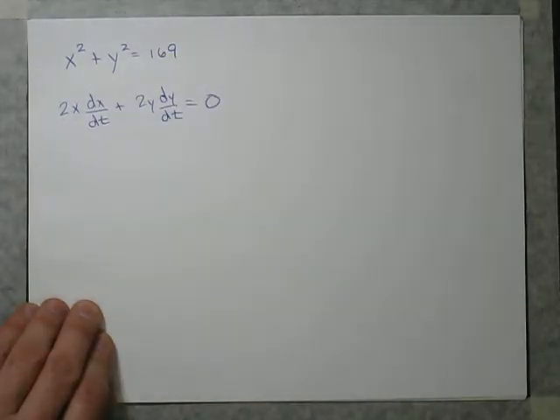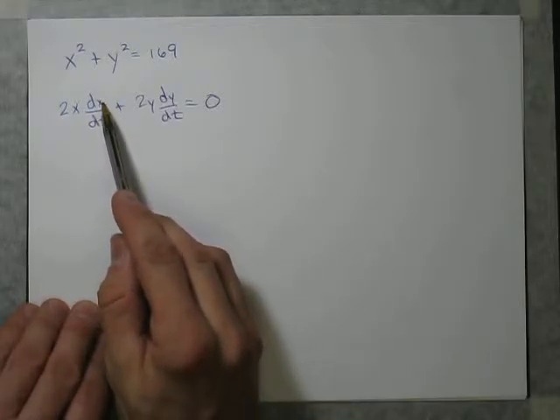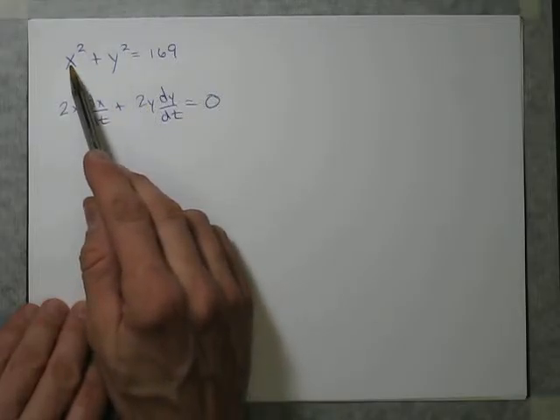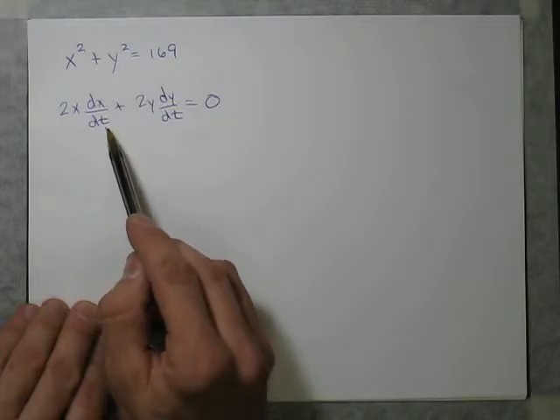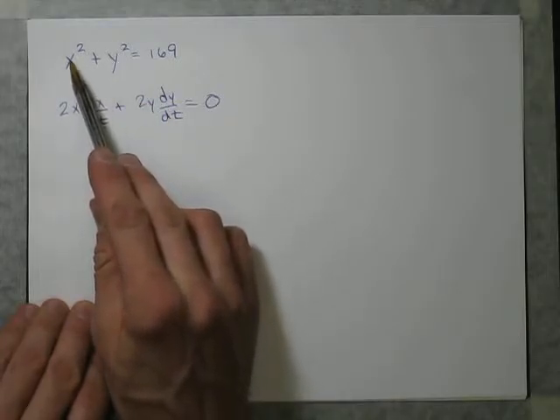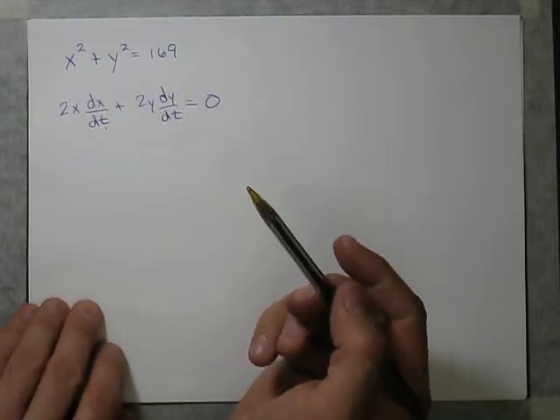The derivative of the right-hand side is 0. We differentiate with respect to t, so it's dx/dt rather than the derivative of the base being 1, because it's with respect to t here.